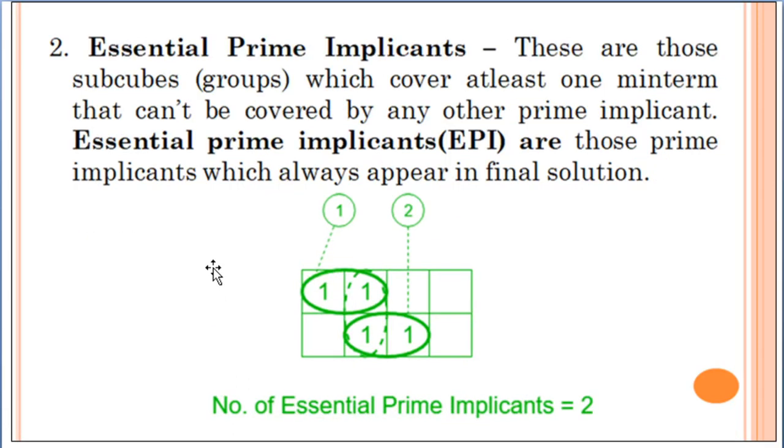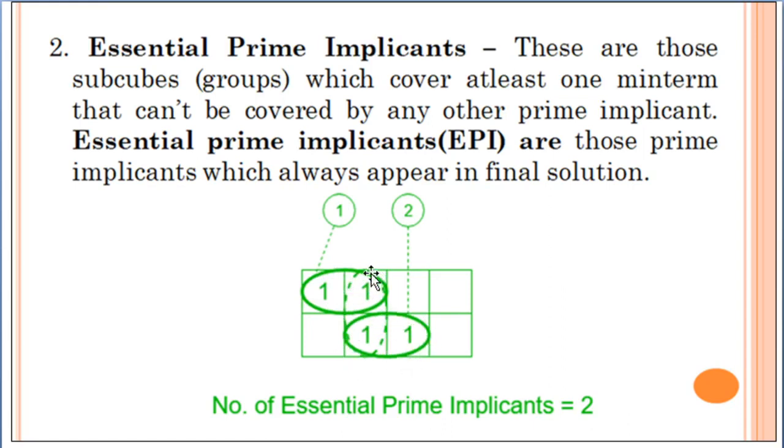Now the second implicant is known as the essential prime implicant. A prime implicant is said to be essential if it is the only one to cover one or more min terms. The minimized form of the logical function contains all the essential prime implicants. That means here are two essential prime implicants.